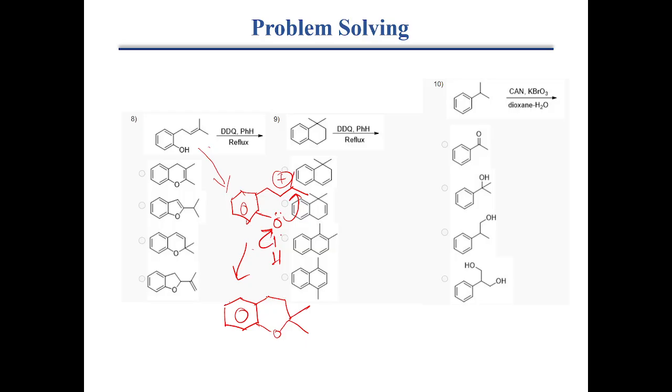Now this is the benzylic position. So this benzylic position is further oxidized in presence of DDQ by a hydride transfer mechanism. This hydride will transfer to the DDQ, forming a double bond here, which is nothing but the benzylic position oxidized. So C is the right answer.